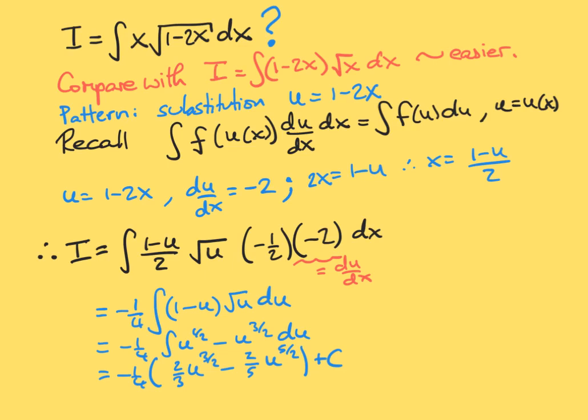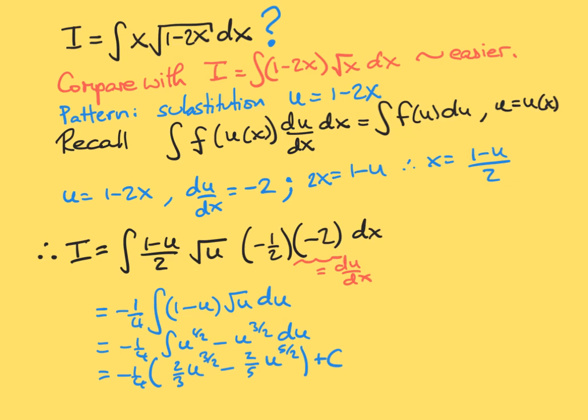And then we need to have a pattern where there is a factor of du dx, but here du dx is very simple, it's just minus 2, so all we have to do is write 1 as minus a half times minus 2. Minus times minus is plus, a half times 2 is 1.